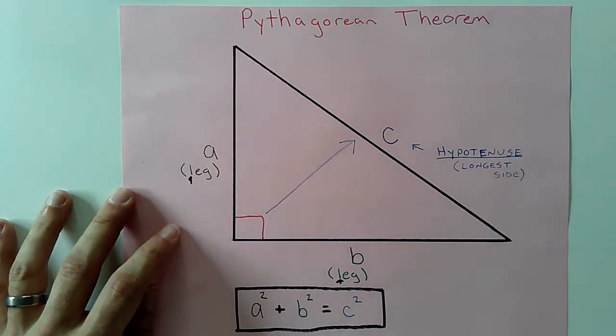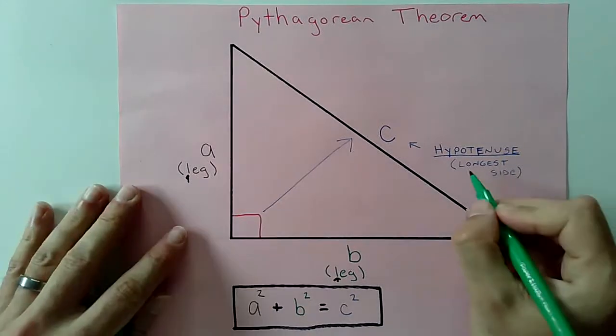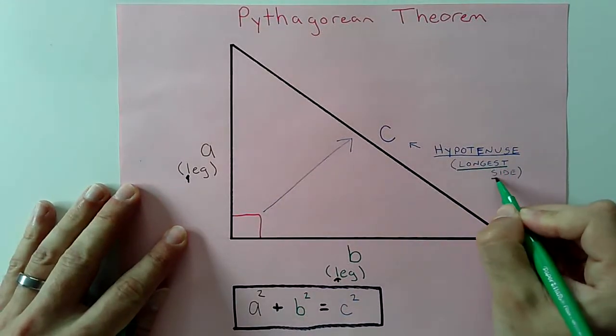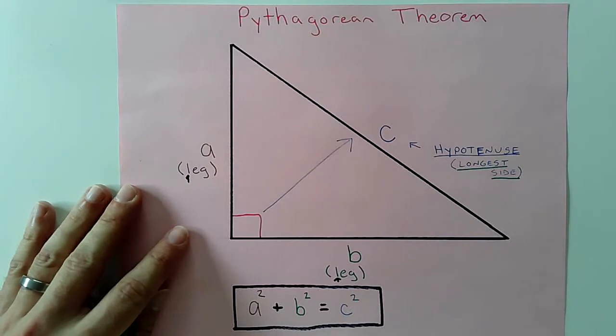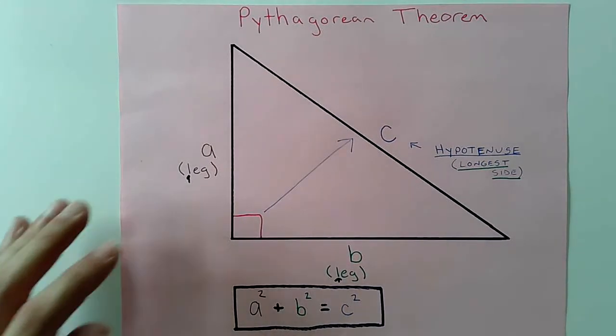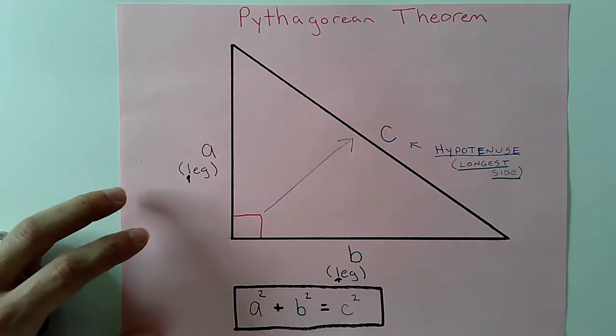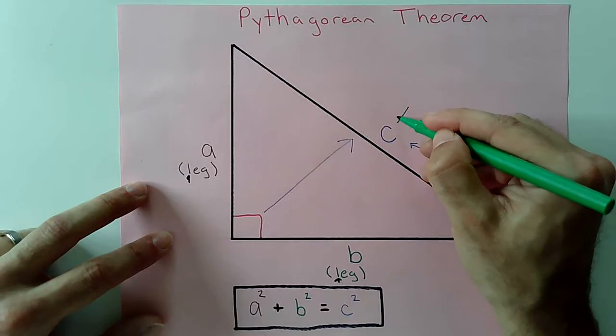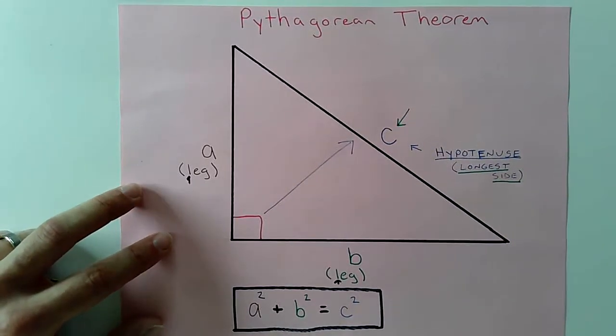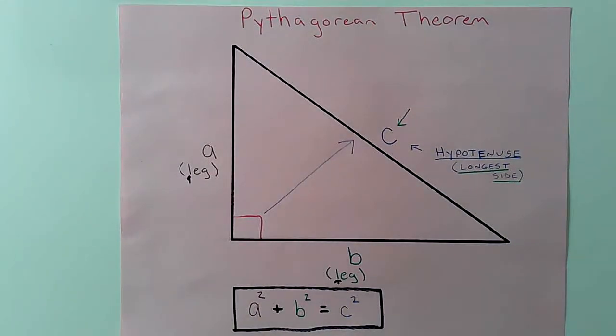The hypotenuse has a characteristic that it is always the longest side of the right triangle. This is important to know because if we just had numbers of side lengths and we didn't have a picture, we would always want the largest number to represent the hypotenuse. The hypotenuse is often denoted with the letter C. So C usually stands for hypotenuse, but again, it could be any variable really.